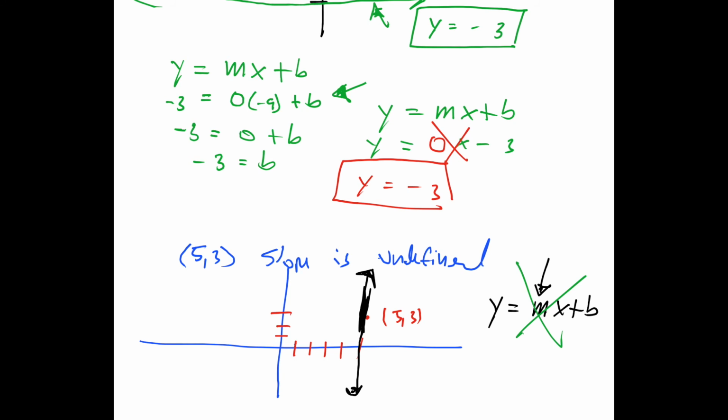Like looking at it, what is the equation of this black line? You can stare at the graph. Yeah, that's what I'm trying to teach you. You should just know it by staring at it, just like you did this one.